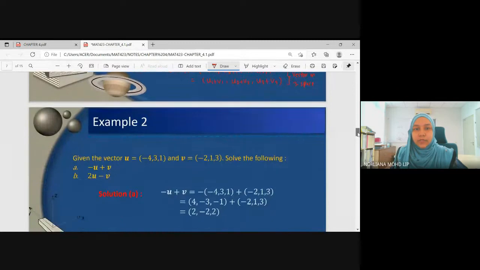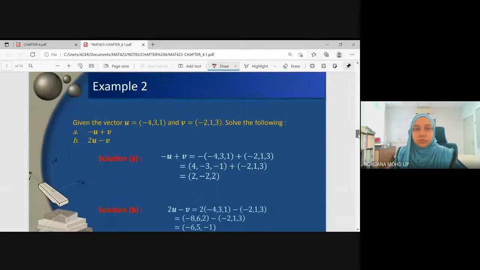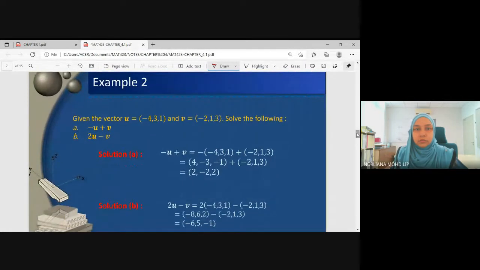Now we look at example 2. Given the vector u, a vector in 3-space, and given the vector v also in 3-space, solve the following. a, negative u plus v.